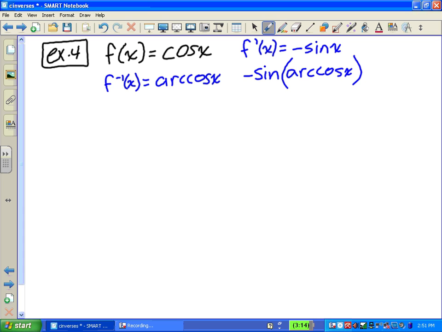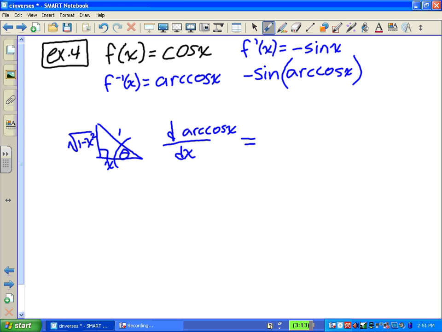So draw the triangle. Here's theta. This angle has a cosine of x, so that's x over 1, adjacent over hypotenuse. And this side is the square root of 1 minus x squared. So the derivative of arc cosine of x with respect to x equals negative 1 over the square root of 1 minus x squared.